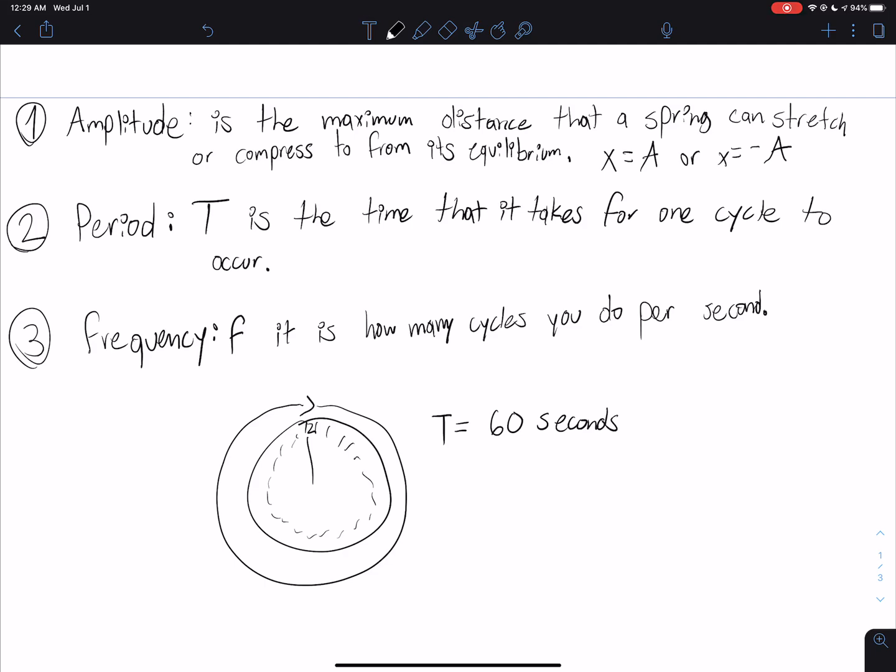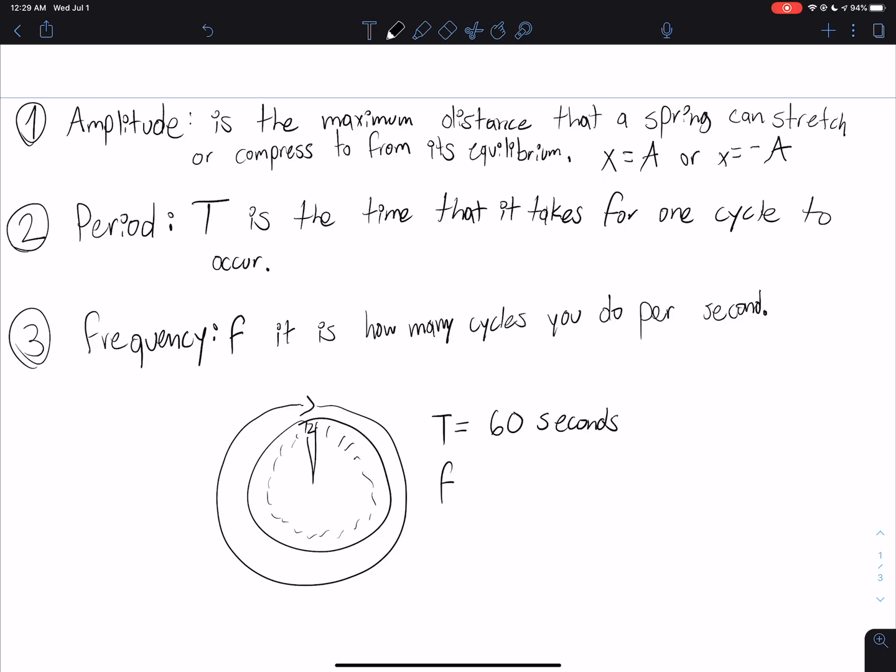So if we're paying attention to the second hand, we would ask how many cycles the second hand does in a second. Well, in 1 second, it just moves to the next second mark. And how much of the cycle is that? We said that the cycle is 60 seconds.